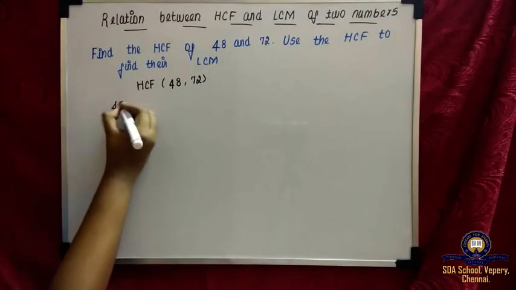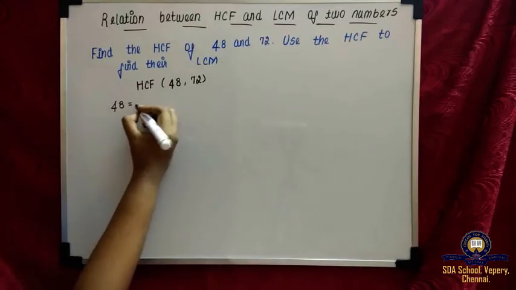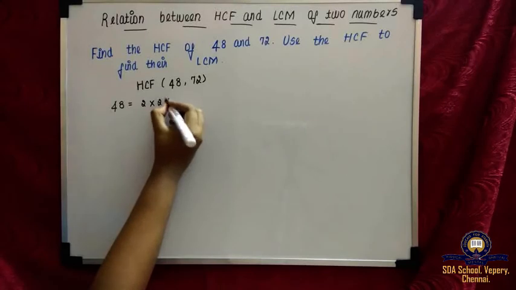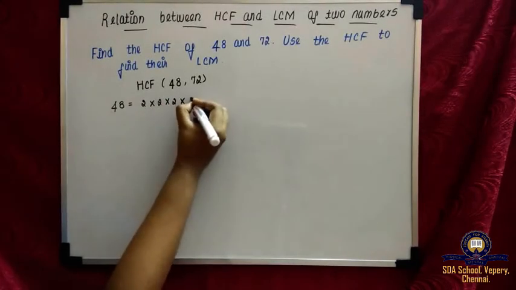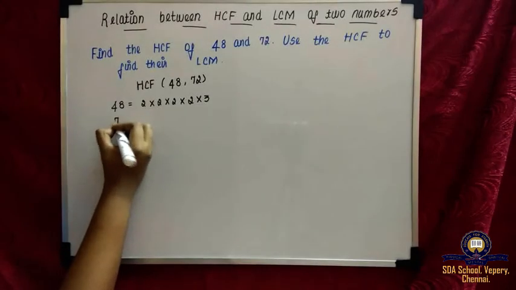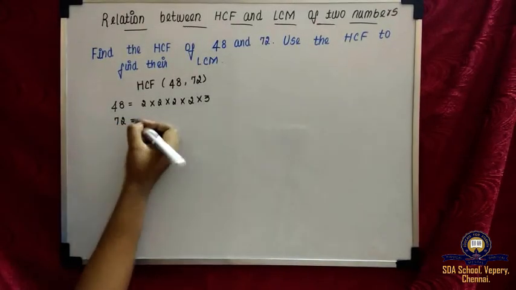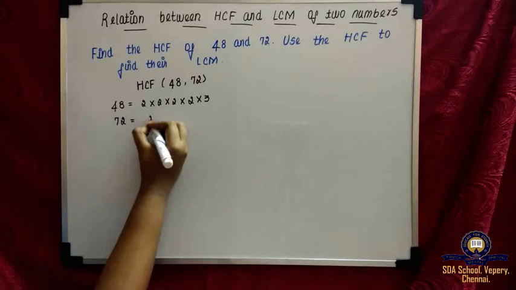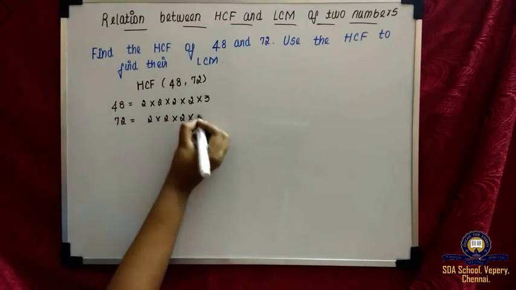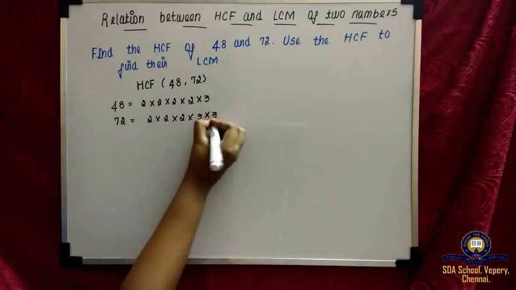So the prime factors of 48 are 2 into 2 into 2 into 2 into 3. The prime factors of 72 are 2 into 2 into 2 into 3 into 3.